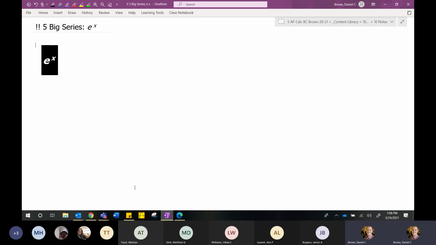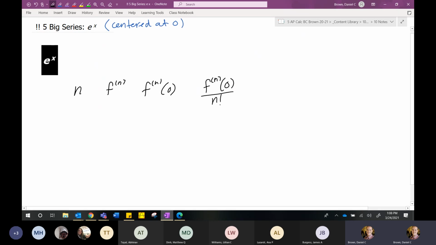For all of these, again, except for one, we will be centering it at 0. And so that will make the calculations a little bit easier for us. So go ahead, take some time, start generating a polynomial with the ultimate goal that you should be able to notice a pattern with the coefficients and the exponents and things like that.